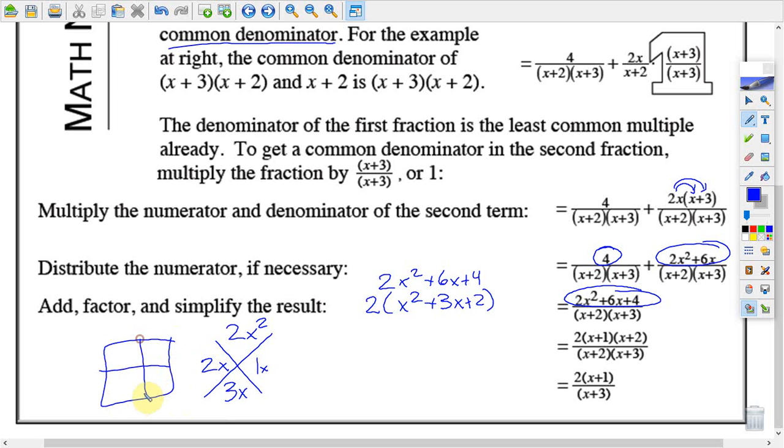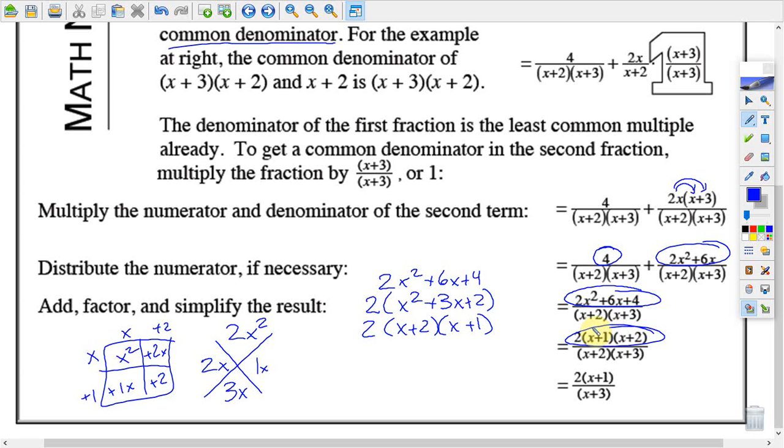Do an area model. x squared, 2 is down here. That 3x got broken up into 2x and 1x. So this is x plus 2 times x plus 1, which is what they have right here.